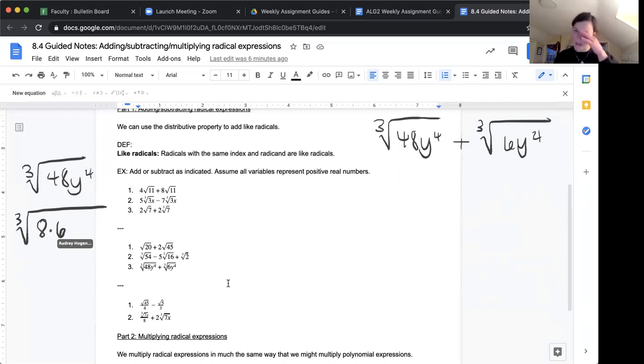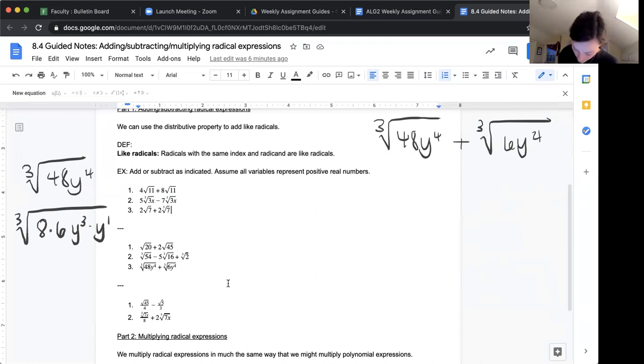And then remember, when my exponent in a variable expression is a multiple of my index, then it will have a perfect root. So y to the 4th, I'm going to break up into y cubed times y to the 1, because I know that y cubed will have a perfect cube root.